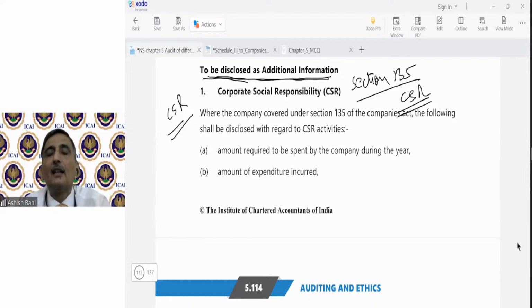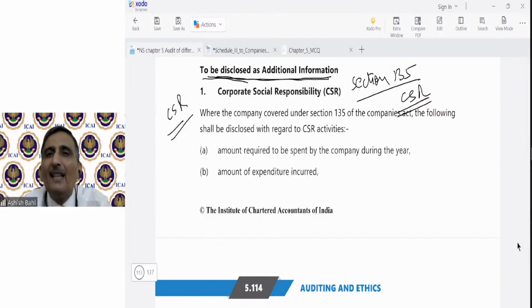Such kind of things. The expenditure incurred by a company on this count is known as corporate social responsibility of companies.